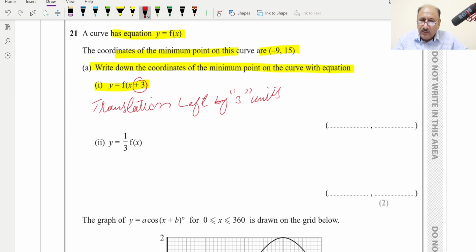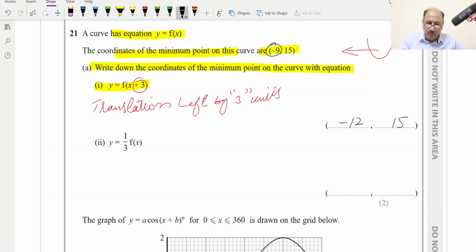So x value will move, and y value will remain same. So for example, if this is the curve, so it will be moving to the left, so y value will remain same, so 15 will remain same, and this minus 9 will be moving to the left, so minus 9 minus 3 will be minus 12.